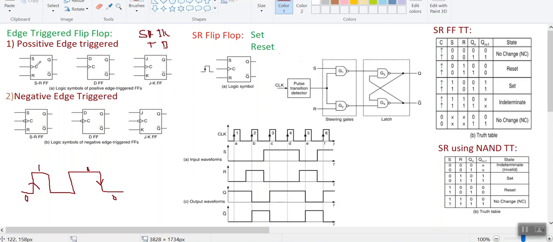This triangle means we can consider this as a positive edge triggered clock input signal. The D flip-flop also can be observed here. The D flip-flop consists of one input and the clock is represented with a triangle symbol, and the JK flip-flop as well.